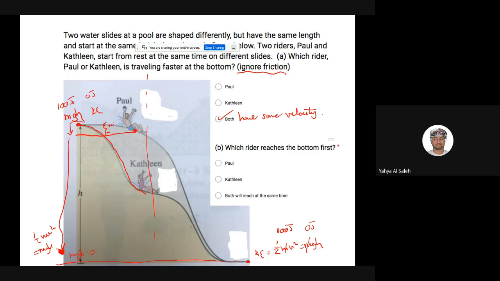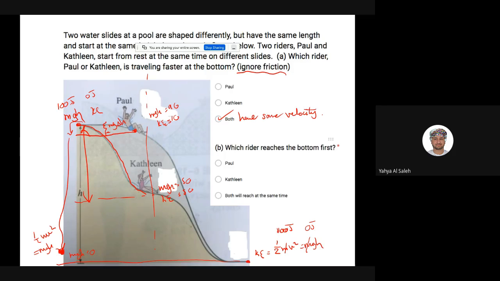So only this amount of mg delta h becomes kinetic energy, بينما حجية كاثلين is already halfway across in terms of height. Right? So the kinetic energy here, say for example, if mgh here is equal to 90 and kinetic energy here is equal to 10, here, halfway through, you are more at 50-50.